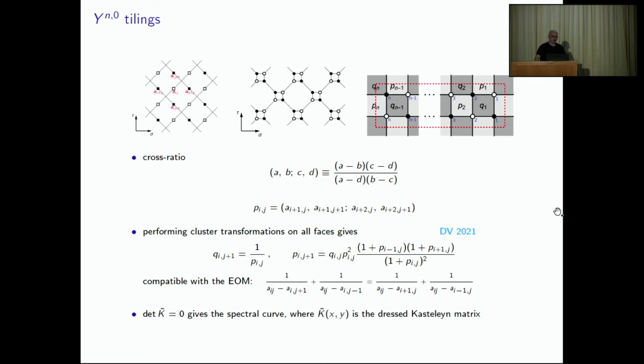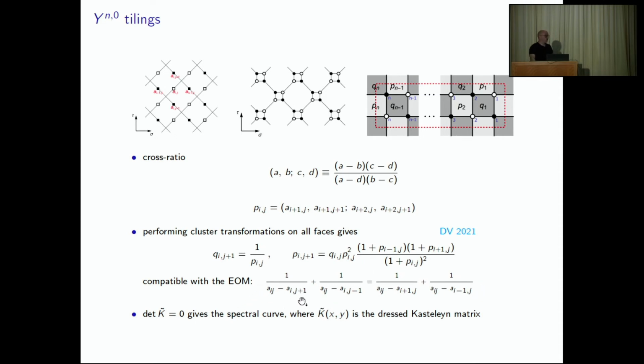Now you can start to perform cluster transformations. These are the urban renewal transformations, and you can figure out how they act on the dynamical variables P and Q. And this is what you get. So you see that the P and Q variables form a Y system. And then you can check explicitly that these are compatible or equivalent to the original equation of motion for the celestial variables.